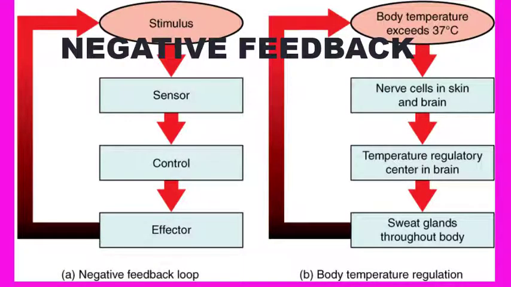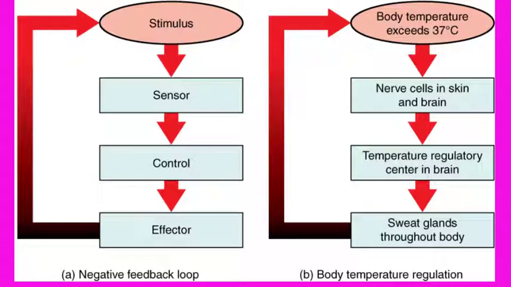If the value deviates too much from the set point, then the control center activates an effector, and that is number three. An effector is a component in a feedback system that causes a change to reverse the situation and return the value to a normal range.